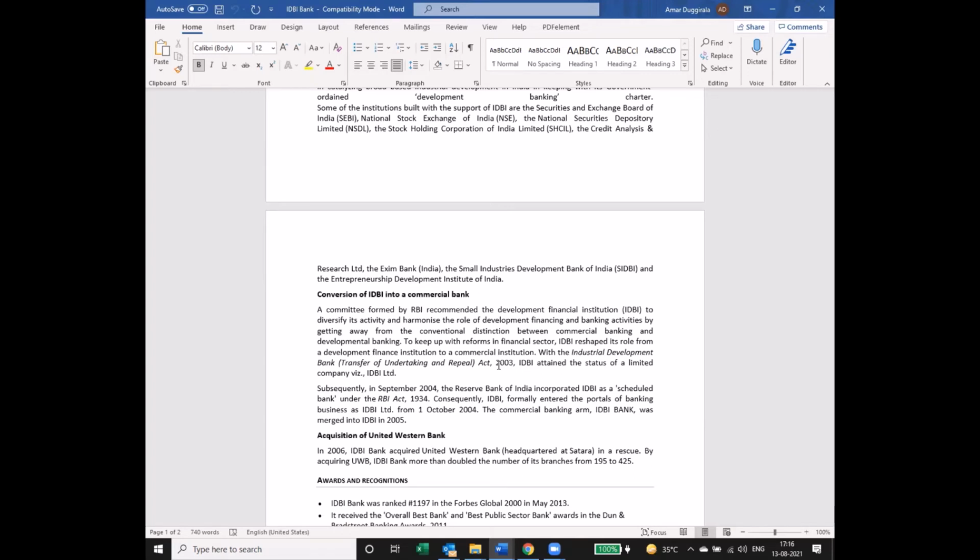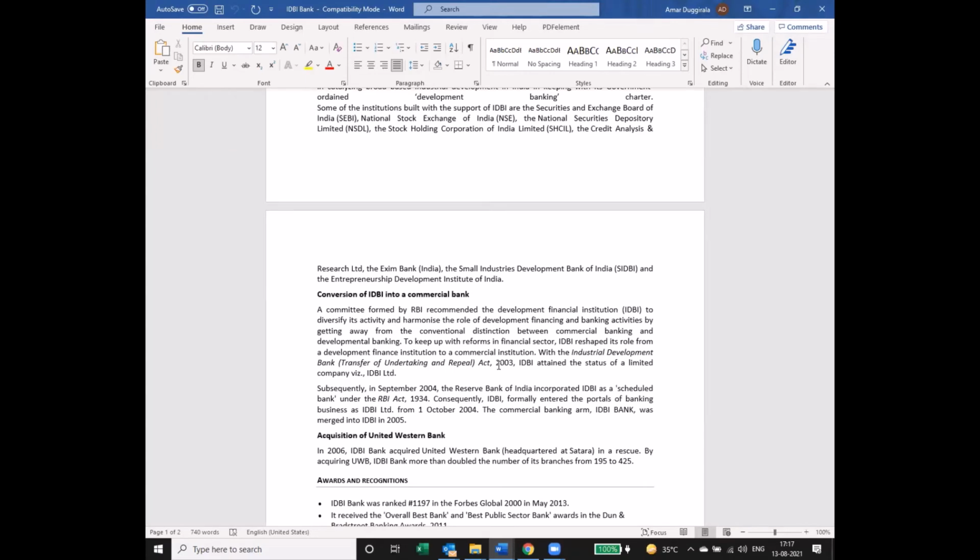So RBI included IDBI as a scheduled commercial bank in the list of scheduled banks. And then formally it entered into the banking business from 1st October 2004, and the commercial banking arm of IDBI Limited is called IDBI Bank.